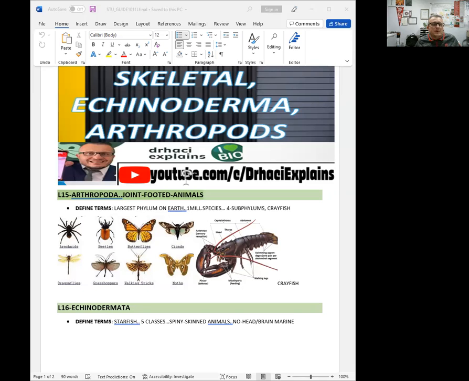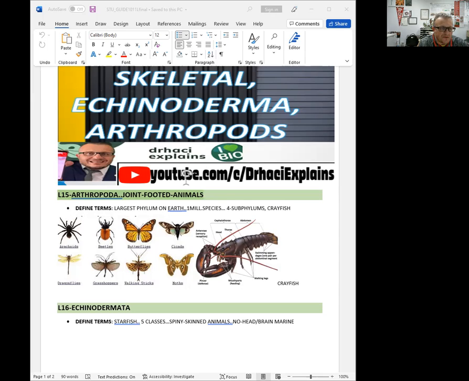Okay, so arthropods, which is lab 15, is the biggest phylum, as you all know, with more than 1 million species listed. There are 4 subphyla, including crayfish as a model organism. The subphyla are Hexapoda, Chelicerata, Myriapoda, and Crustacea.